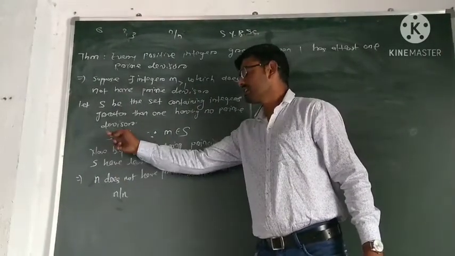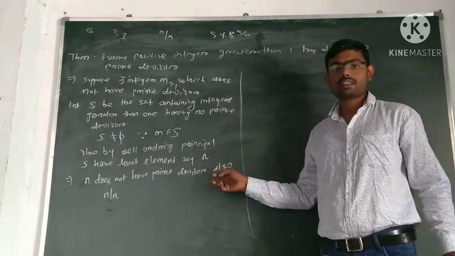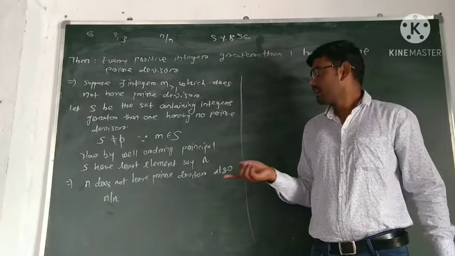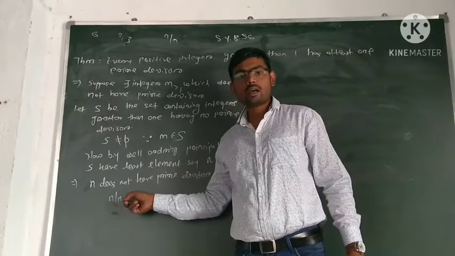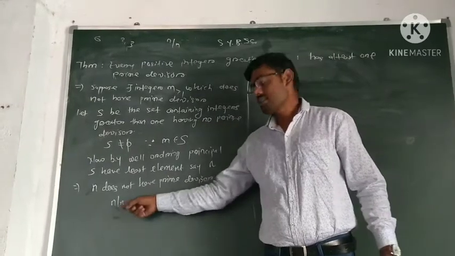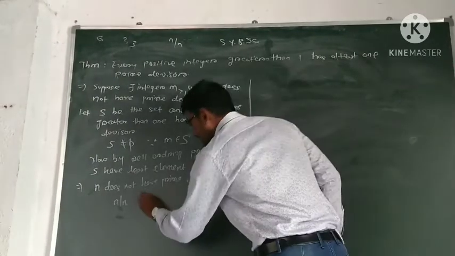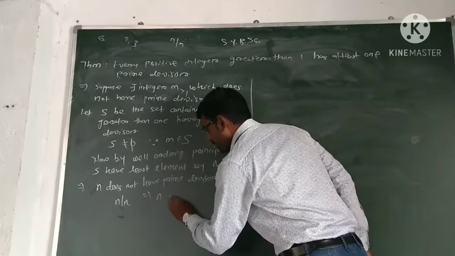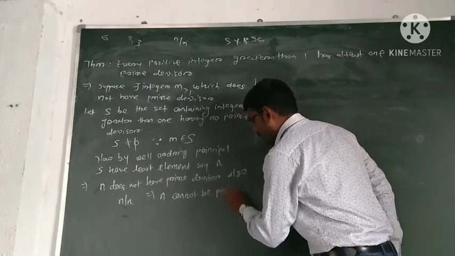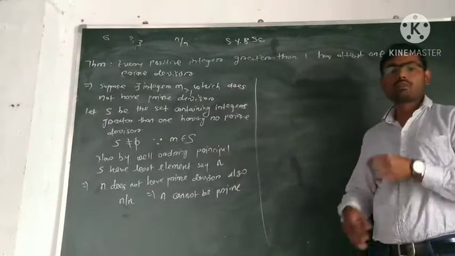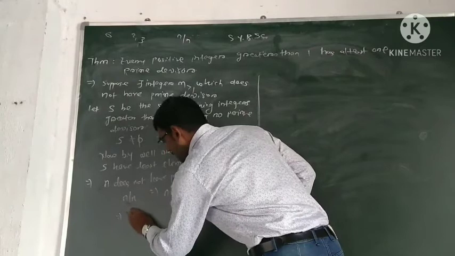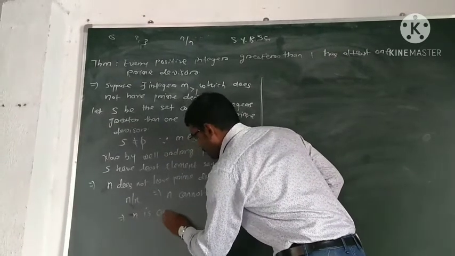Since n is in set S, n does not have a prime divisor. n itself divides n, so n is also a divisor of n, and n does not have a prime divisor. So n cannot be prime. Okay, this implies n cannot be a prime number, and n is greater than 1. n is not prime, which means n is composite. This implies n is a composite number.